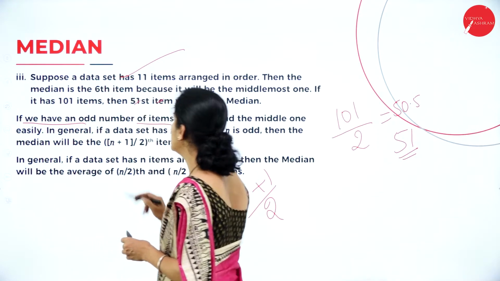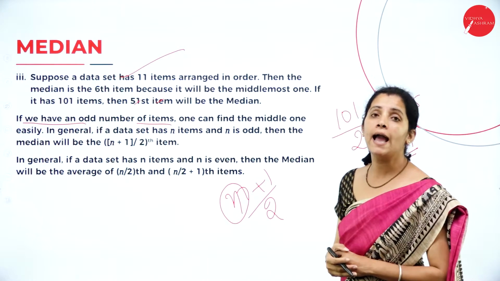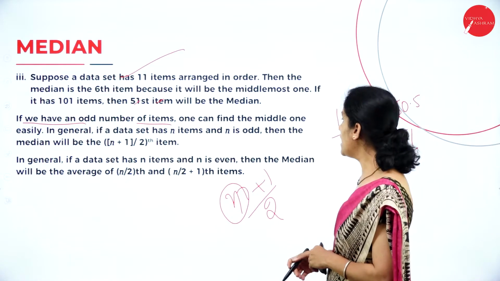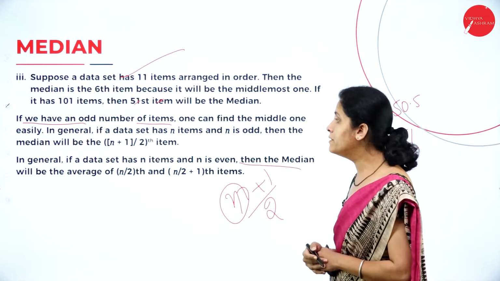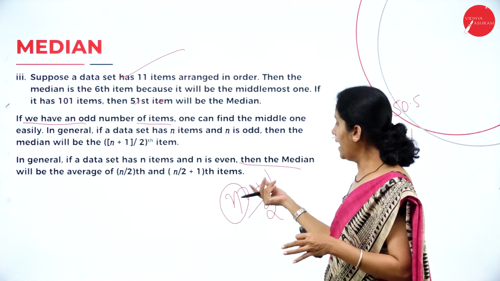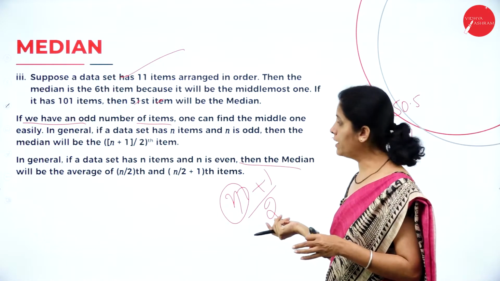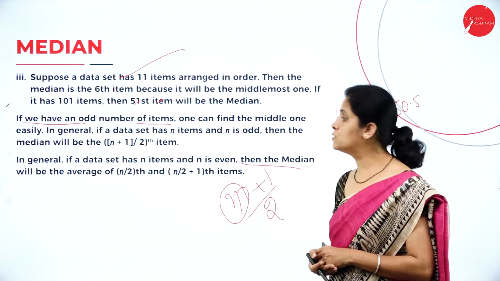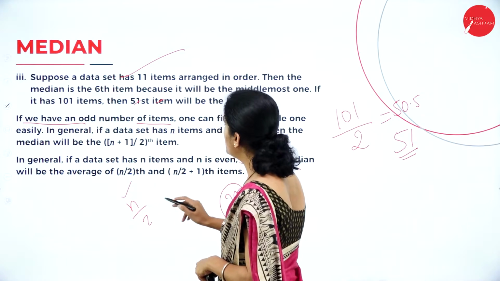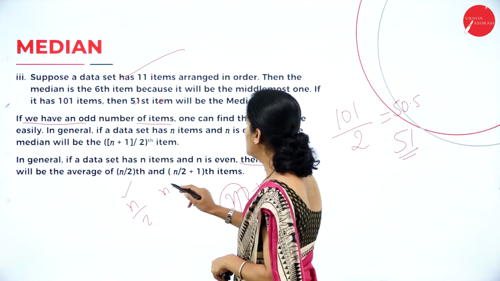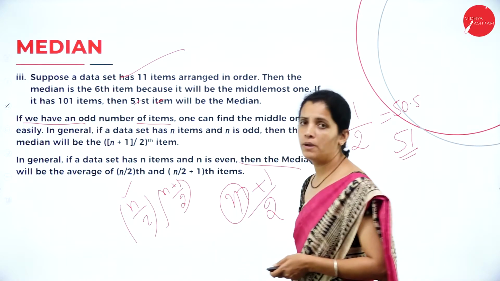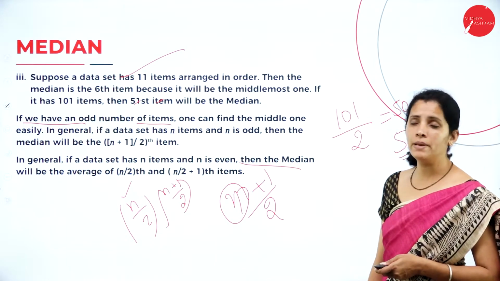Now, in general, if the data set has n items and it's of type even, then the median will be arranged. So if it is odd, n plus 1 by 2, fine. If it is even, I consider n by 2 and n plus 1 by 2. This is another formula used to find the median.